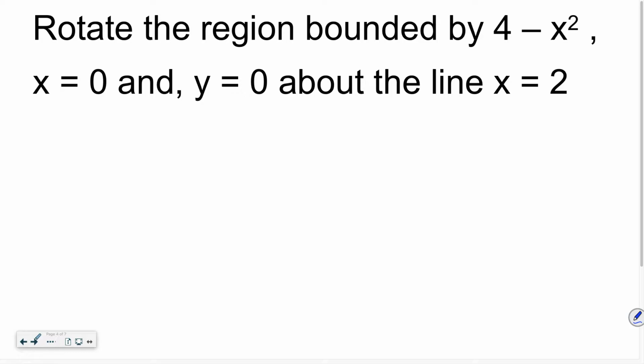Okay? So let's go ahead and look at this example. We have y equals 4 minus x squared, x equals 0, y equals 0, and we're going to rotate about x equals 2. So write down what you need to, draw your region and your axis of rotation. Maybe draw in your rectangle also so that you're ready.